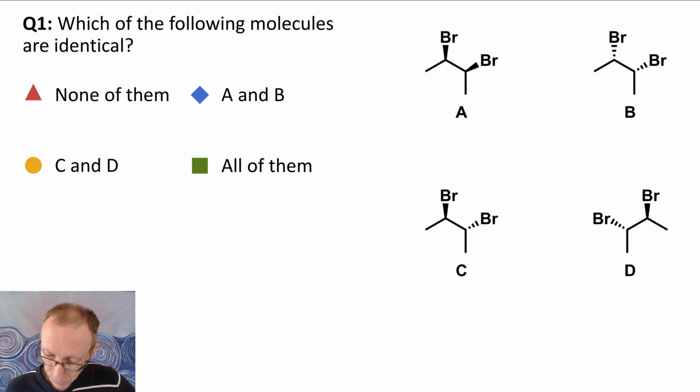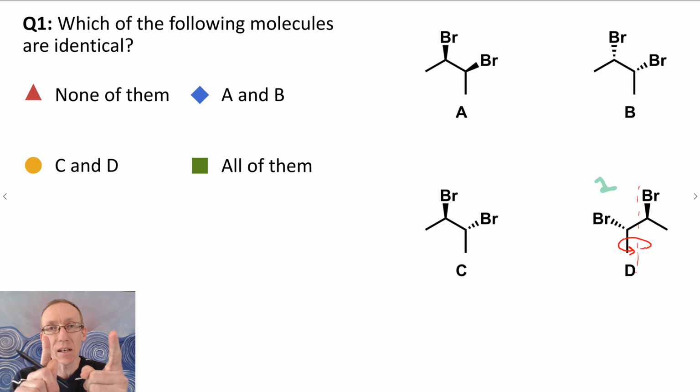So if we get, for example, compound D here, and we rotate that molecule around that axis that goes through the molecule like this, rotate around by 180 degrees, then we can make that bromine that's on the right over here, make it spin around to the left.